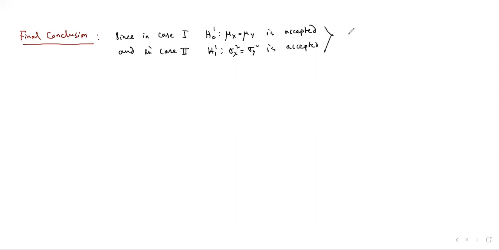So together they imply that the two samples have come from the same normal population.